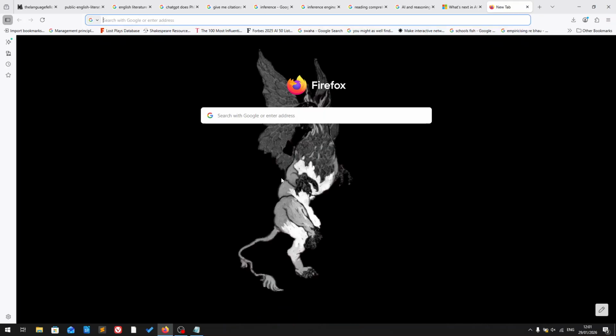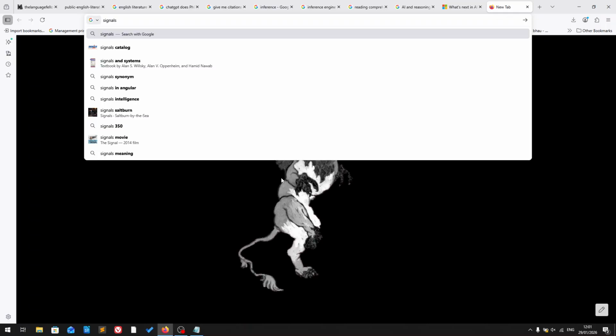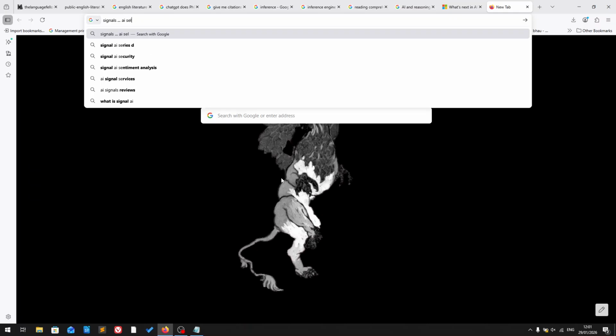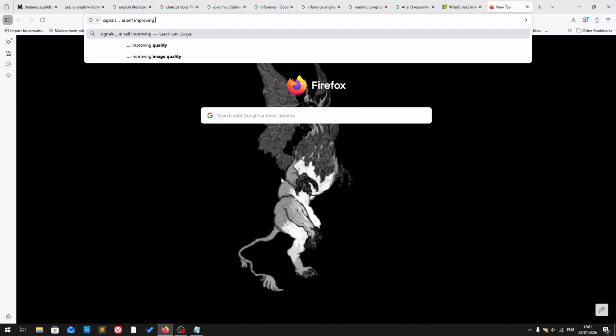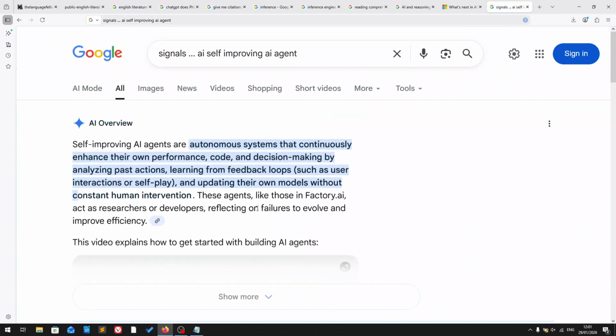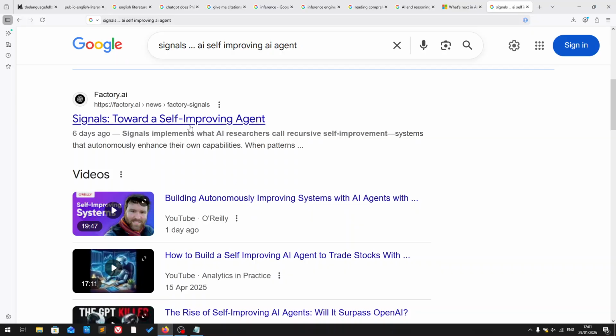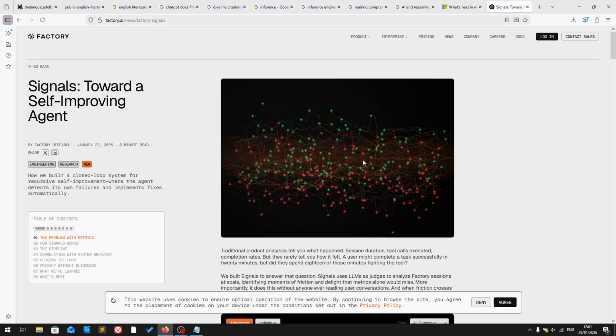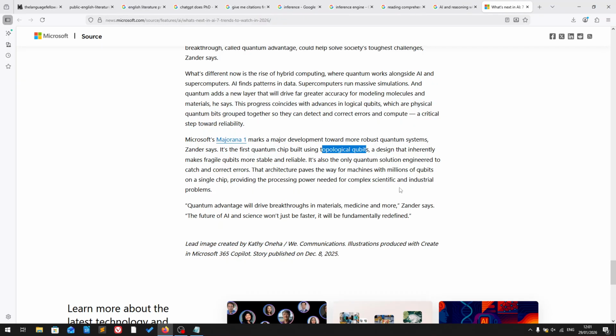So I came across this. Yes, self-improving agent. So it's rectifying its own mistakes, learning from them, and so on. And I've already mentioned again, this is the deep learning and how that is for machines.